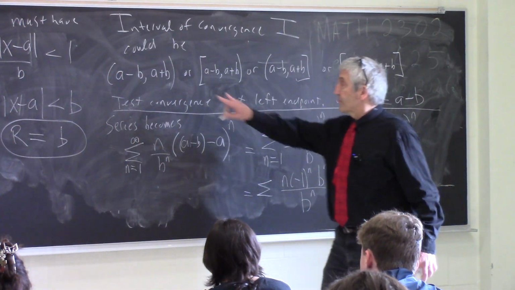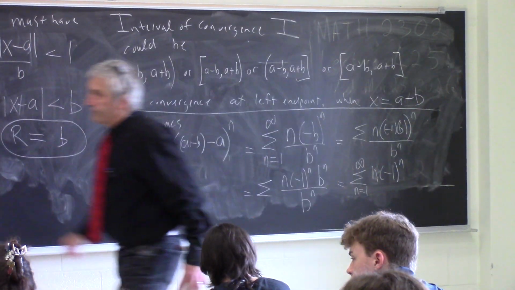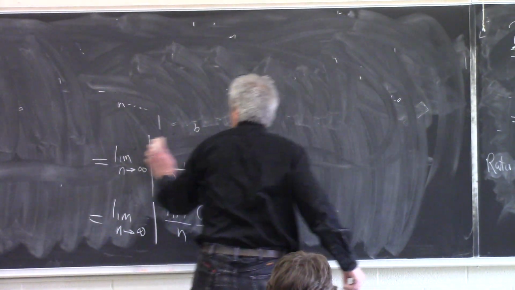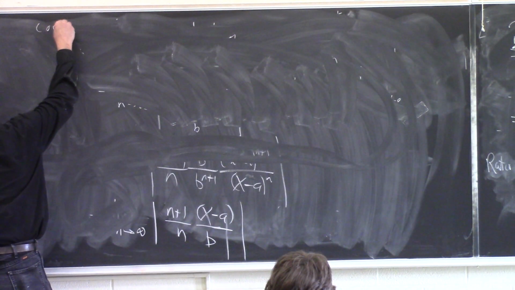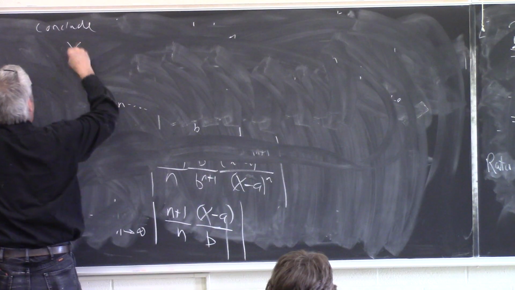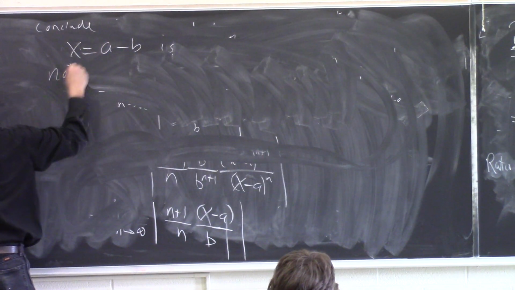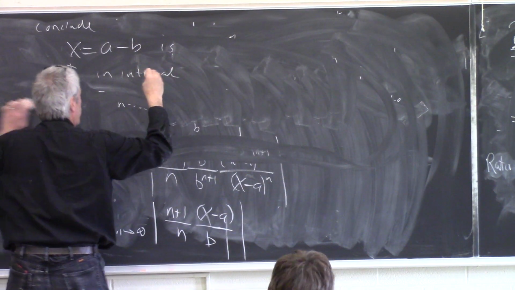So we're looking at either this possibility or this possibility. So our conclusion here is that the number x equals a minus b is not in the interval of convergence.